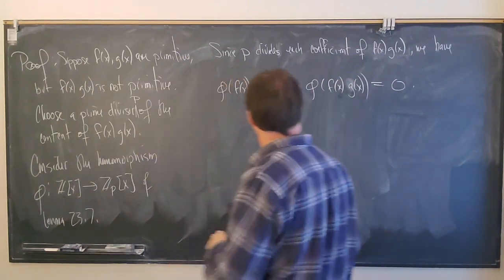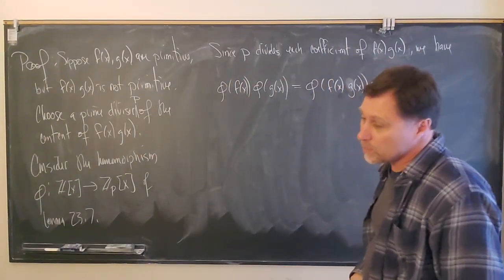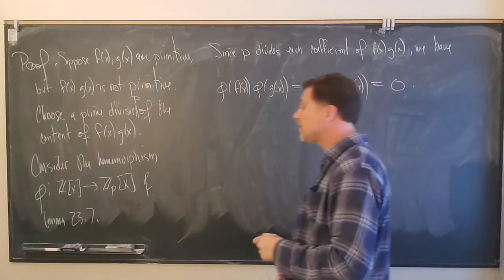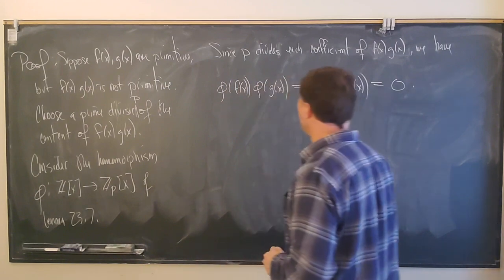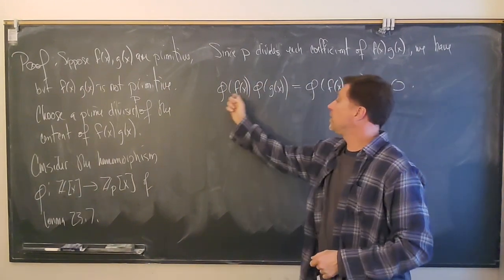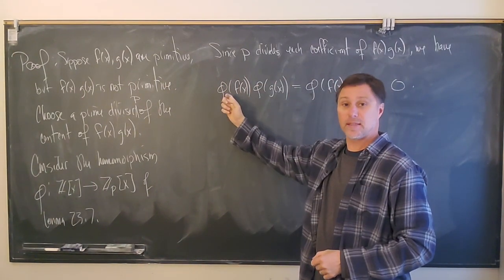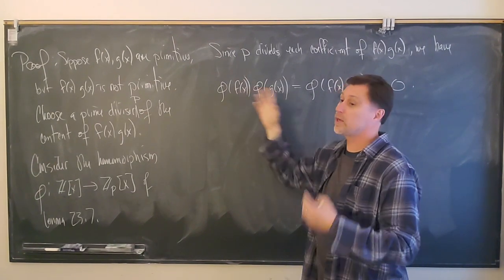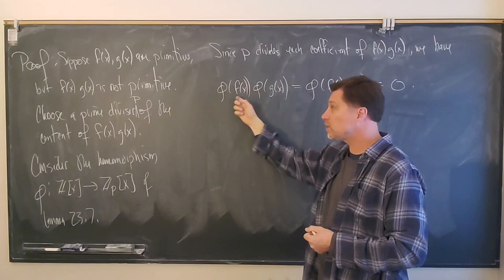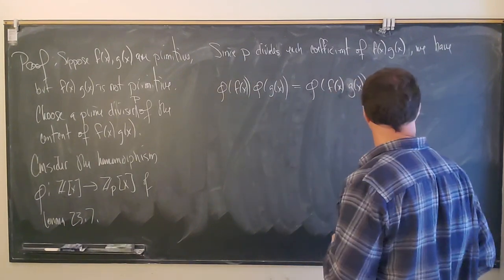Now, Zp is a field, which means it's an integral domain, which means that Zp[x] is an integral domain. So think about this: what we have is something in Zp[x], and so is this. Each of these is an integral domain. We don't have 0 divisors. That means that one of these two has to be equal to 0.